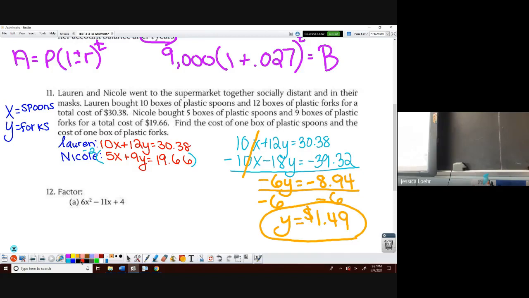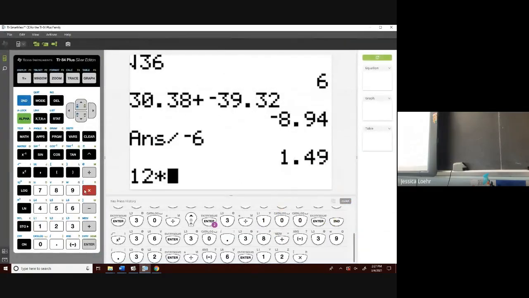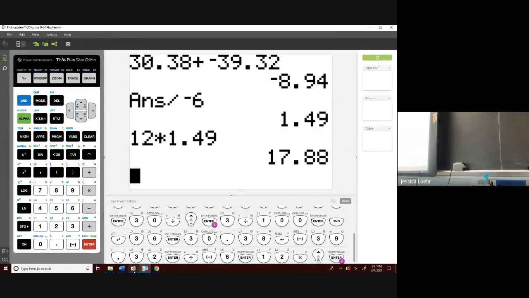Once you have that number, you have to plug that number back into one of the original equations and solve for the other number. So I'm going to plug it into the first one, 10x plus 12y equals 30.38, and then solve. And 12 times 1.49 is 17.88.